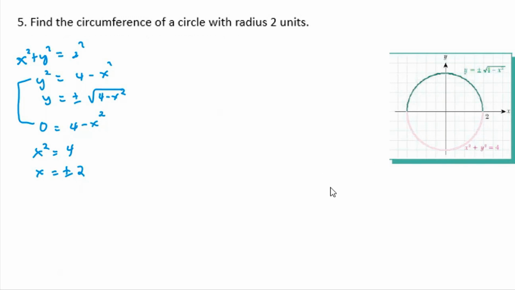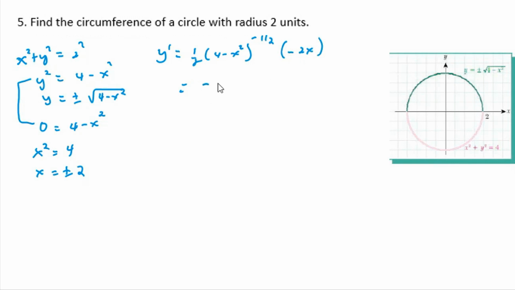So using the formula, we have now the circumference of the circle from y equals the square root of 4 minus x squared. So we take the derivative for that. So y prime is equal to 1 half times 4 minus x squared to the power of negative 1 half times the derivative of 4 minus x squared, which is negative 2x. Simplifying further, the 2 and the 1 half and negative 2 give negative 1.